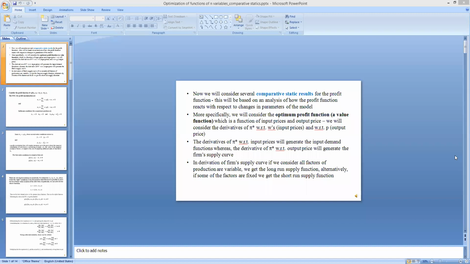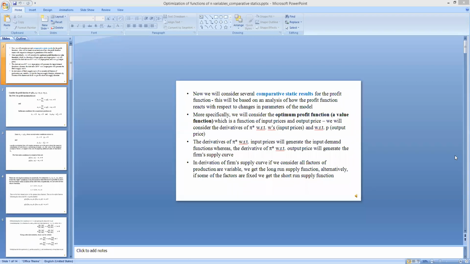We have optimized our objective function, and then we are getting the value function. This value function is a function of parameters of the model. Now, we will like to understand what will be the measure of any parametric shift. That is, if I change W1, how the input demand function will change. If I change W2, how input demand for L as well as input demand for K, that will change.